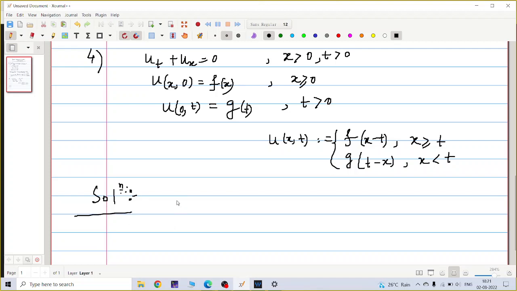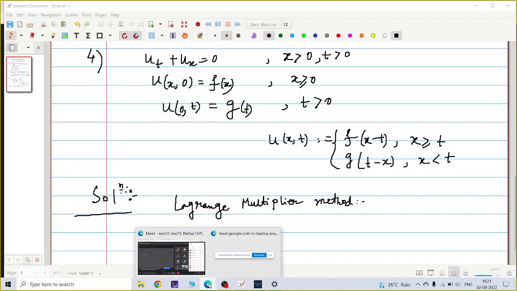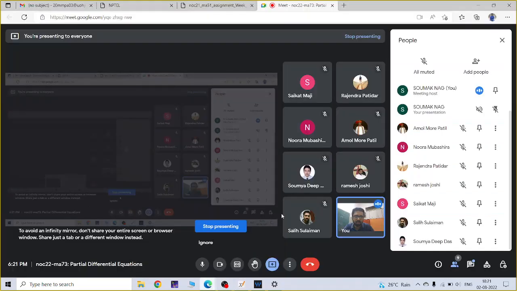So I will use the Lagrange multiplier method. Anyone of you know this method? First of all, anyone please respond.